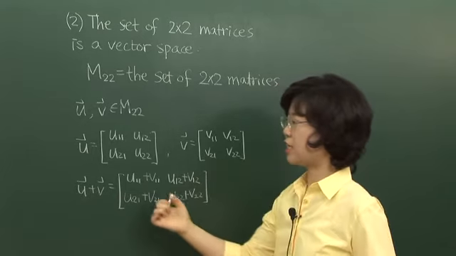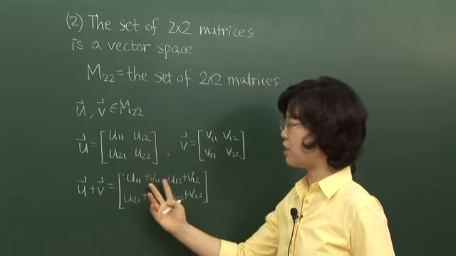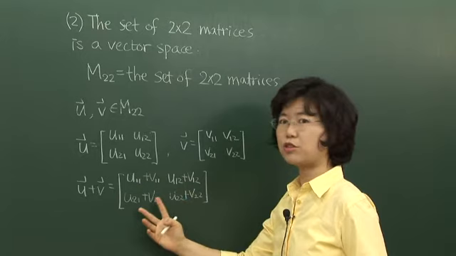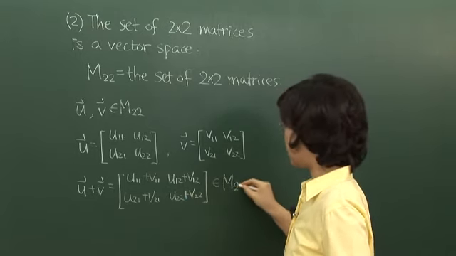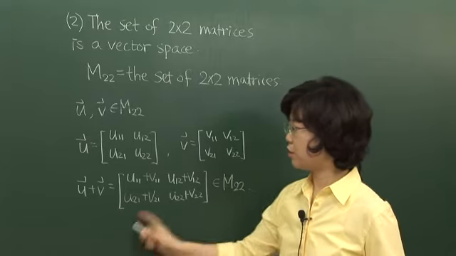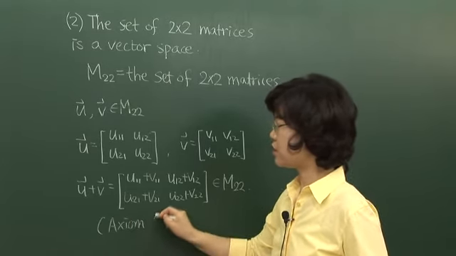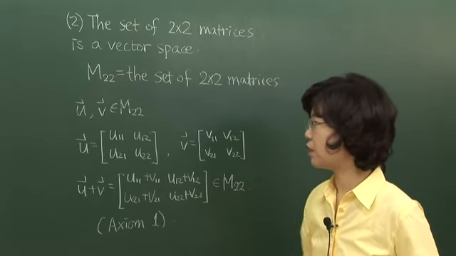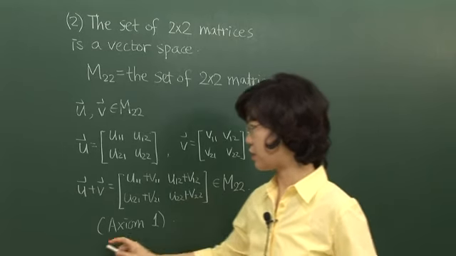In other words, the sum of these two elements in M22 is another 2 by 2 matrix. So this is an element of M22 again. So we could check this is axiom 1, the first axiom of those 10 axioms that define a vector space.